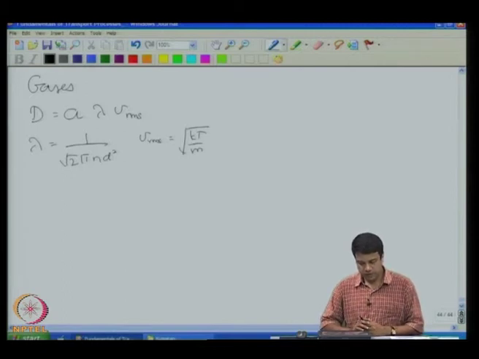That means that in gases the diffusion coefficient increases with temperature. The reason is because as you increase the temperature, the fluctuating velocity of the molecules increases, and because of that the diffusion coefficient increases.